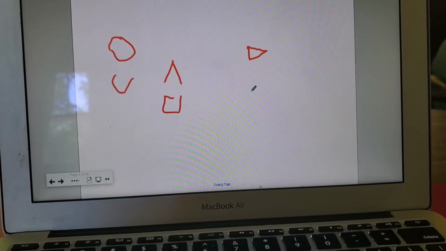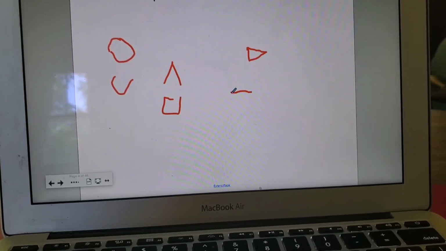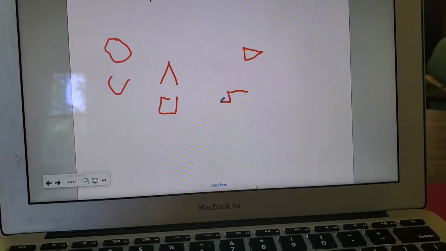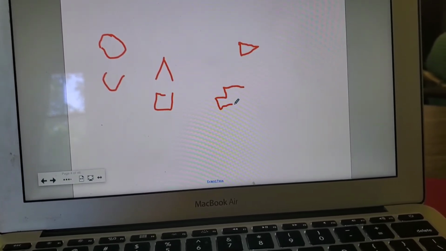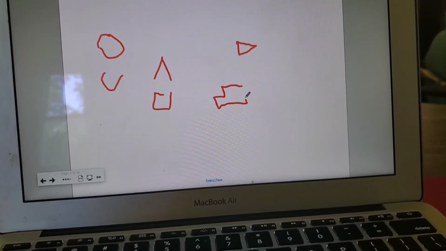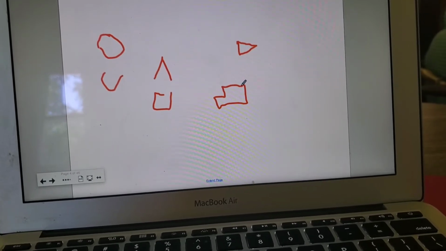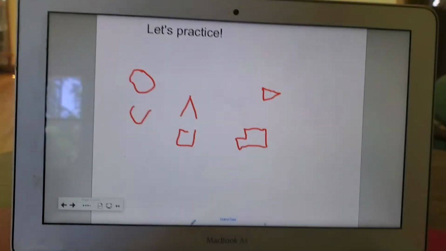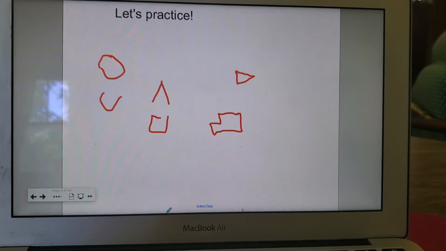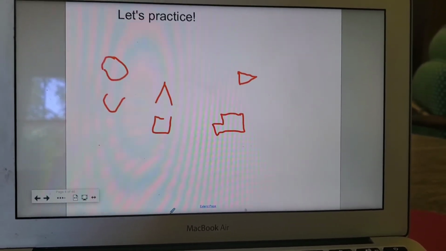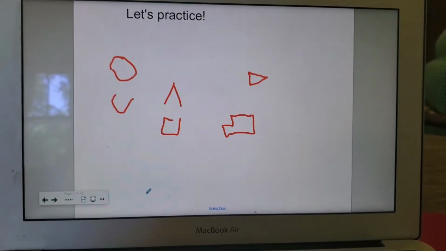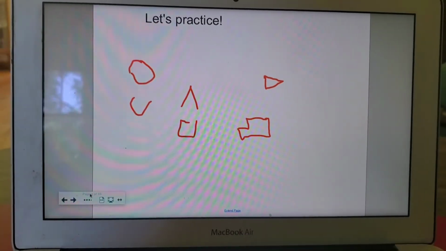I drew a closed figure. Here's another one. See? Any type of figure. Doesn't have to be a specific shape, does it? All right. Great job with that, friends.